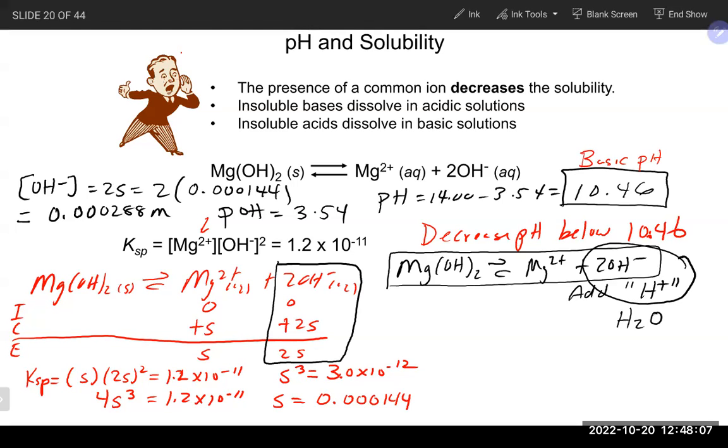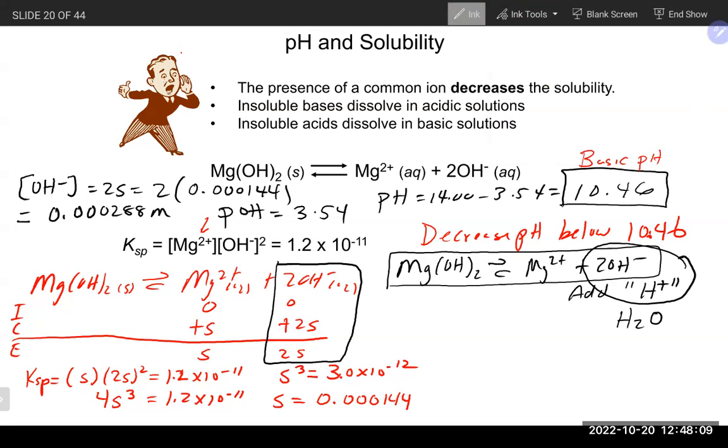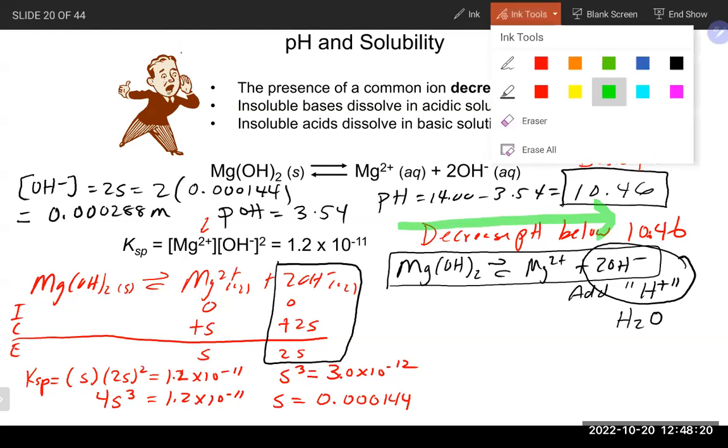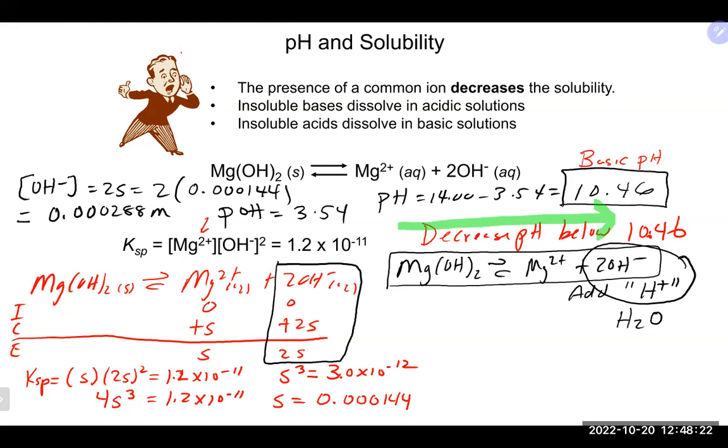And Le Chatelier's principle would tell us the equilibrium should shift which way? Should shift towards where we removed it. And towards where we removed it, right, is aqueous ions, right? These are aqueous. So that is going to increase the solubility of this.